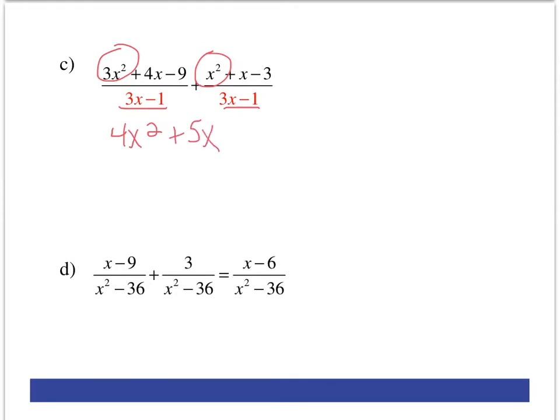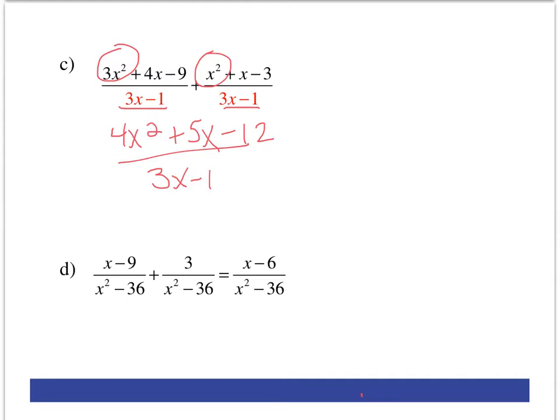And then you have a negative 9 and a negative 3. That gives me a negative 12 all over 3x minus 1. Now, the next step would be to factor that if you needed to see if there's anything else. I'm going to go ahead and tell you that one is prime. I mean, you can factor it, but nothing's going to cancel, so we're finished on this one.